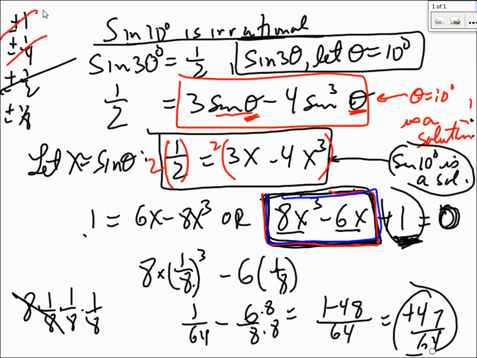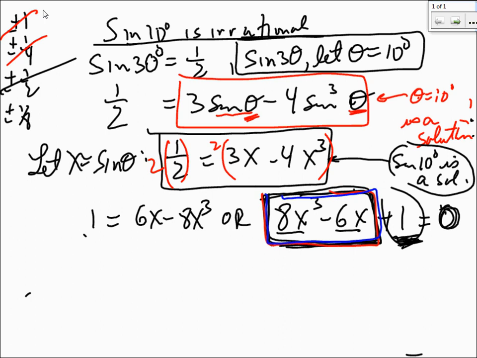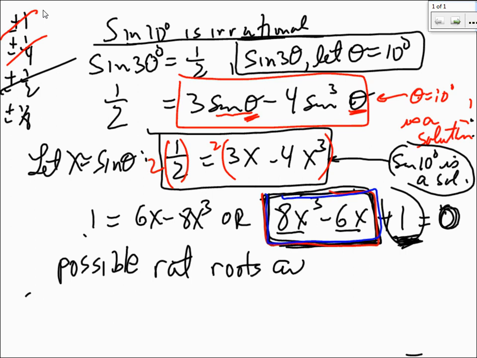But it turns out, so let me rewrite this. The possible rational roots are plus minus 1, plus minus a half, plus minus a quarter, and plus minus 1/8.